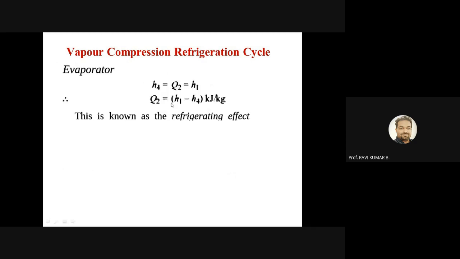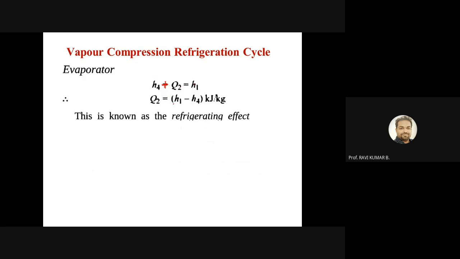And in the evaporator, you are getting heat in. So H4 is entering, heat is added, and finally you get H1, right? So H4 plus Q2 is equal to H1.